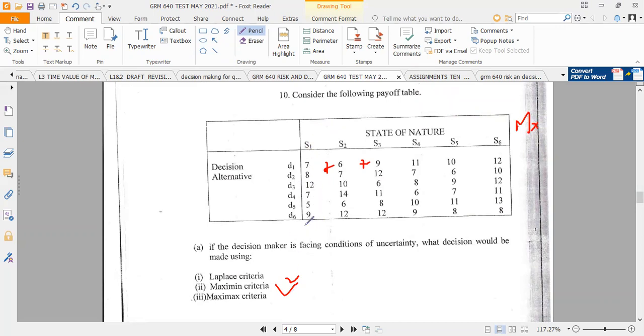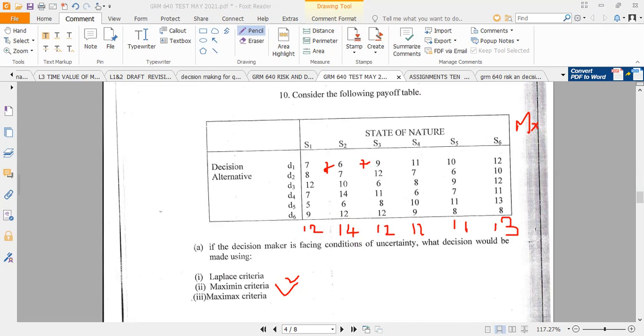In this column, what's the highest value? 12. Here, what's the highest value? 14. Here, 12. Here, our highest value is 11. Here, 11. Here, 13. When you find the highest value, what do you do?